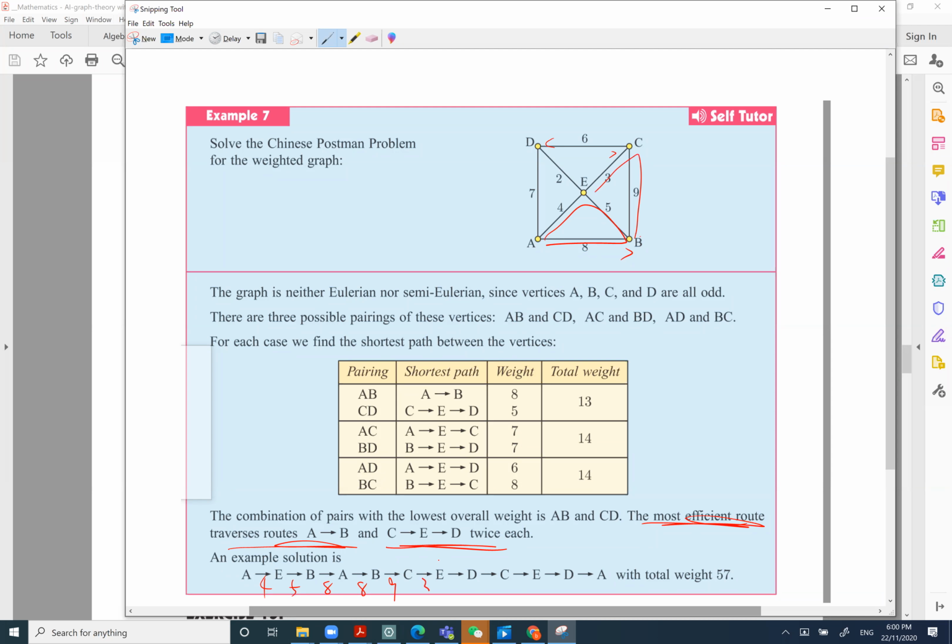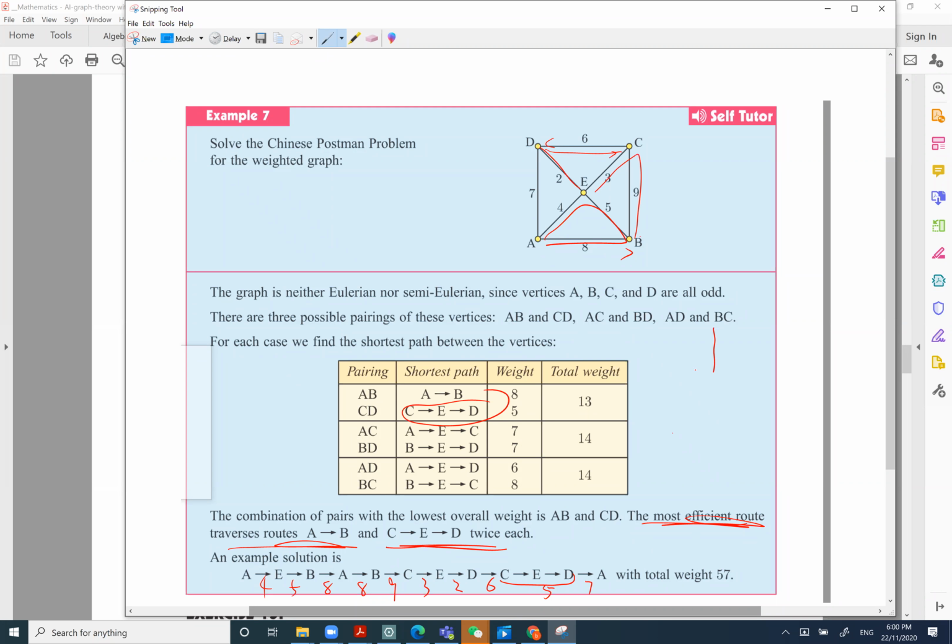And to E, 3. And then to D, 2. D to C, 6. Oh, we use this one. When you repeat from C to D, we use CED. CED here just gives you 5. Yeah, and D to A, 7.